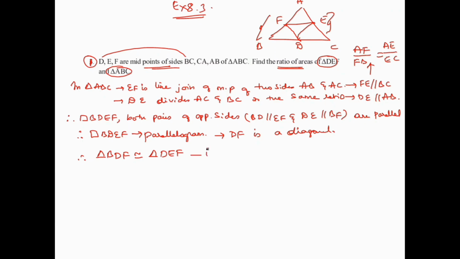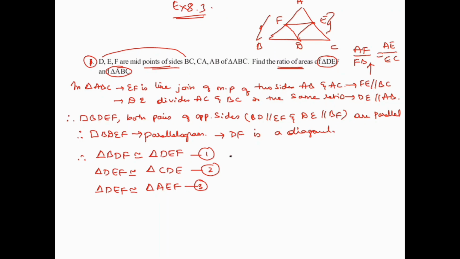So let me write equation number 1. Similarly, I can also write that triangle DEF is equivalent to triangle EDC, isn't it? So this is your equation number 2. And also I can directly write that DEF is approximately equal to triangle AEF, right?